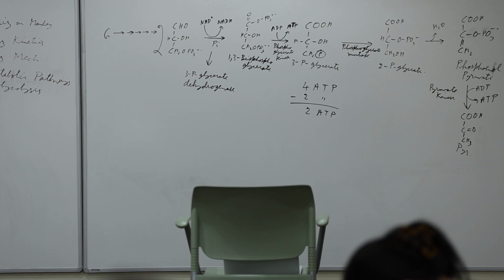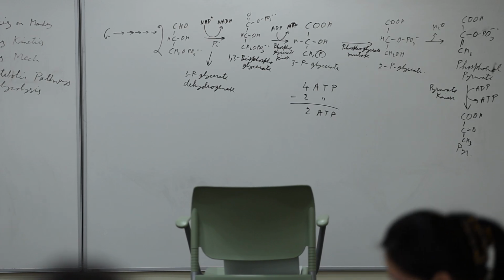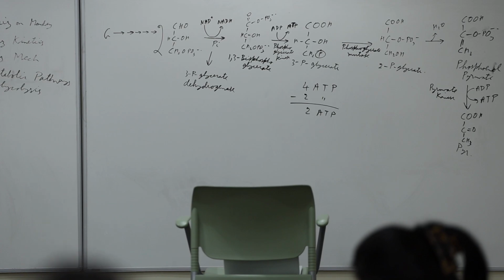Which steps will be regulated? Those that are irreversible. The first one was putting a phosphate on glucose. Second one was putting a phosphate on fructose to give you fructose 1,6-bisphosphate. So those are the 2 steps regulated, and then this is the last step that is also irreversible, so pyruvate kinase is regulated. And the regulation is usually by feedback inhibition.